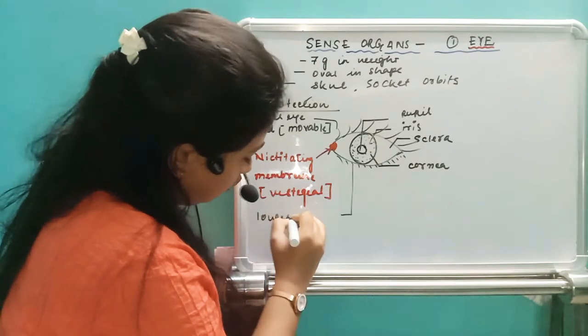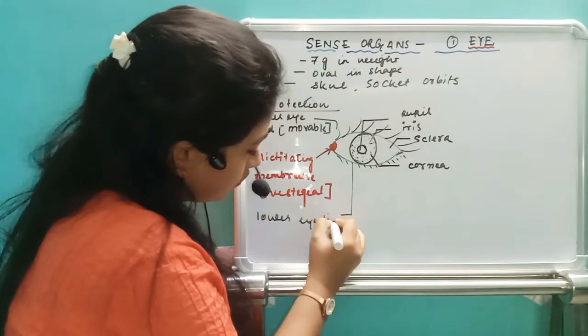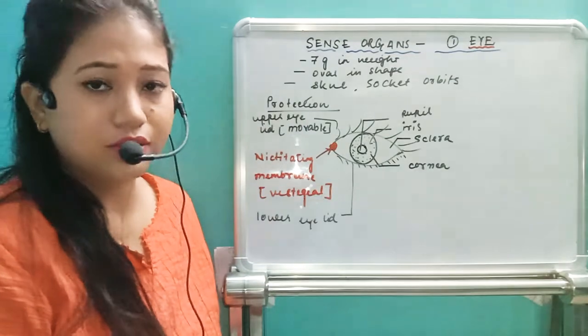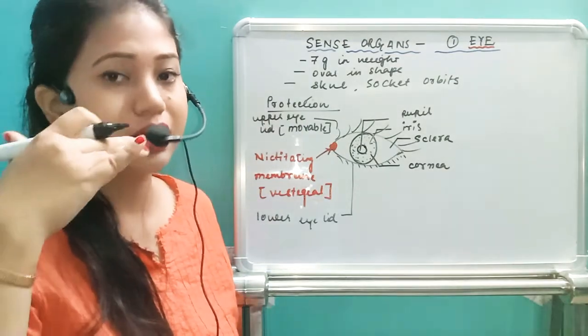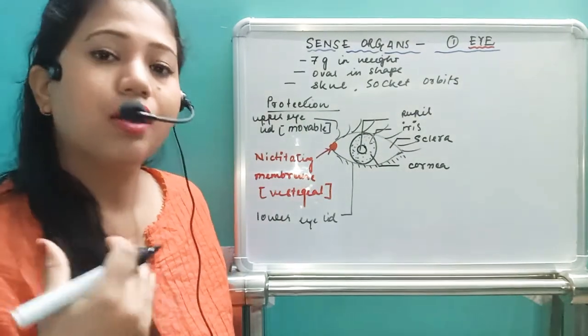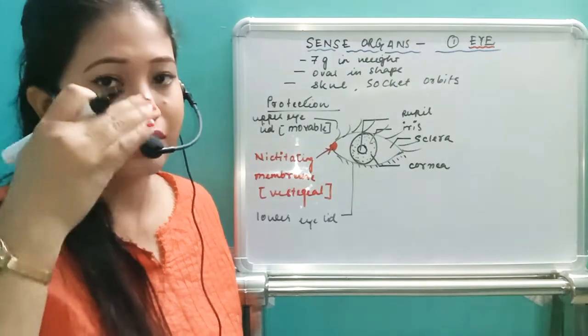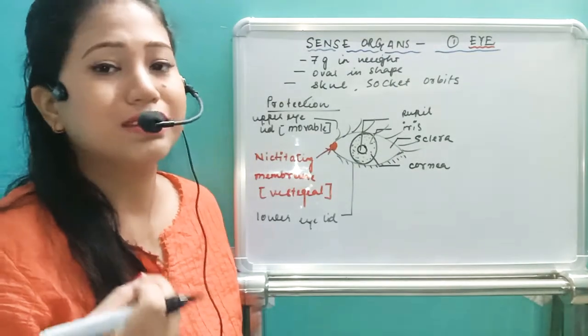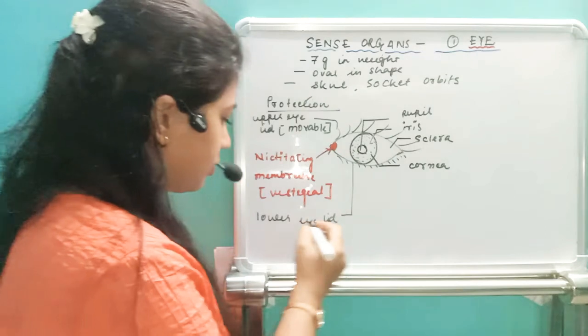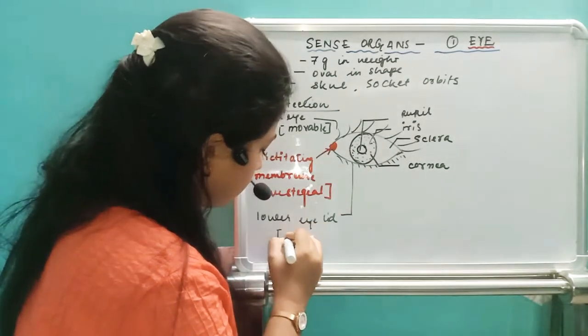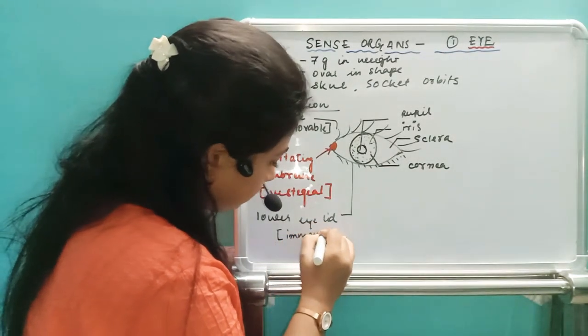This is the lower eyelid which is fixed, we cannot move the lower eyelid, right? Look, only the upper eyelid is moving vertically, which helps to clear the surface of the eye and also makes it moist.